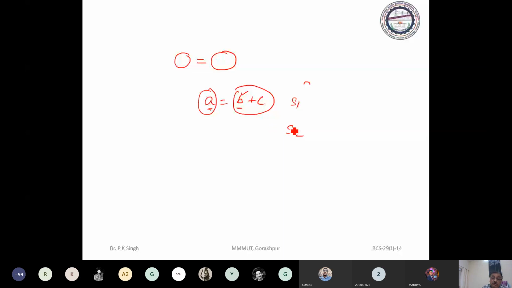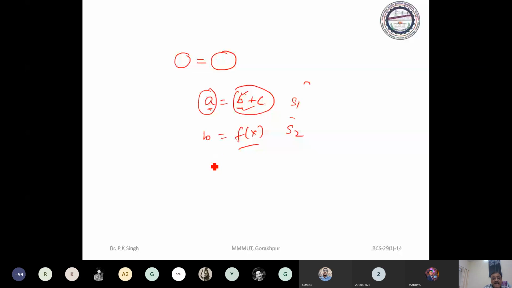Means you may start the execution of S2 after the completion of execution of S1. Otherwise, S1 may use the modified value from S2. So you have to care for this. This is also a type of data dependence.